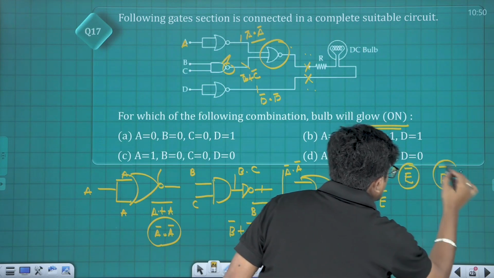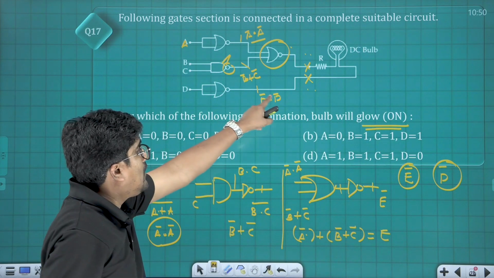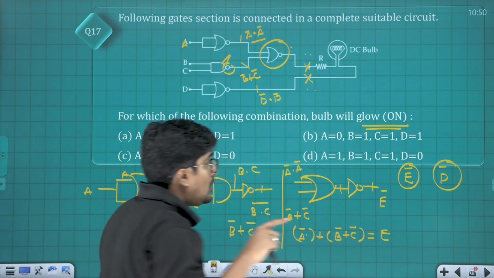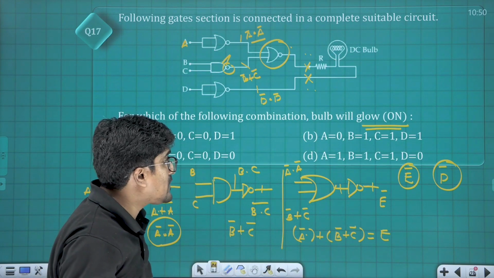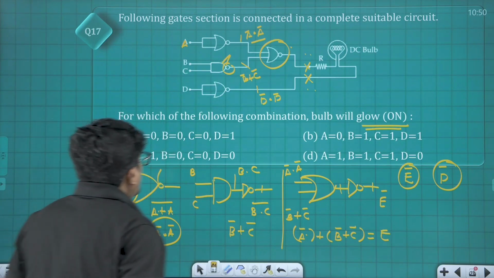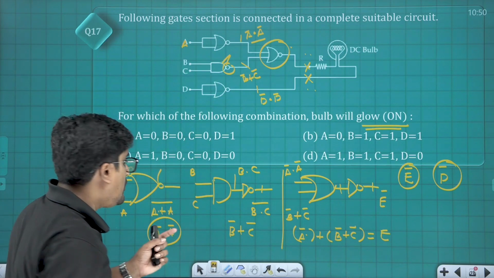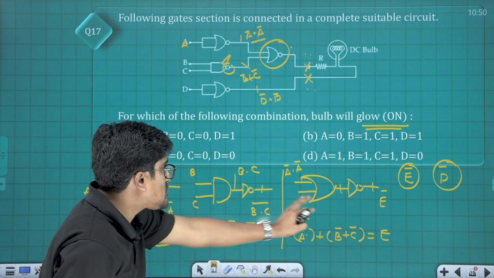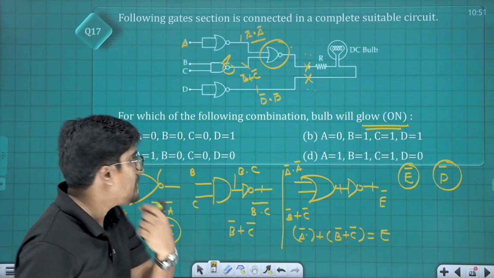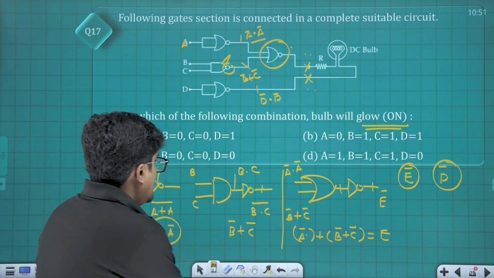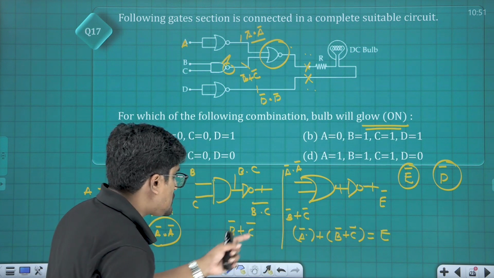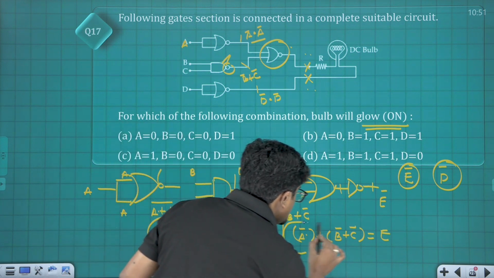Across the bulb, one terminal is going to be E bar and the other one is going to be D bar. Now what we have to do is identify what is going to be E bar and what is going to be D bar. Let us consider the case here first. It's E now, so we need to focus on this portion first.